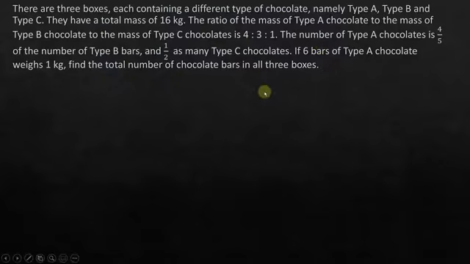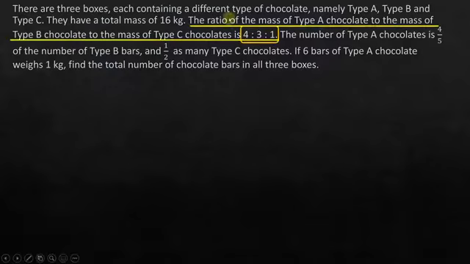Where do we start? We start at a point where we know the relationship between all three quantities, the type A, type B, and type C chocolates. And that's with the mass. We know that the mass of type A to type B to type C is in the ratio 4:3:1. So let's go ahead.